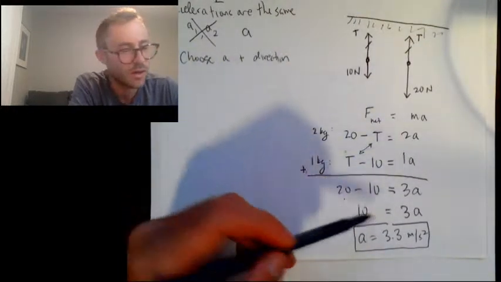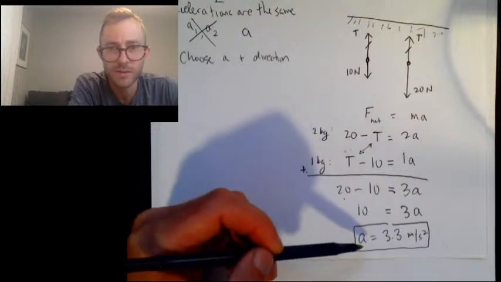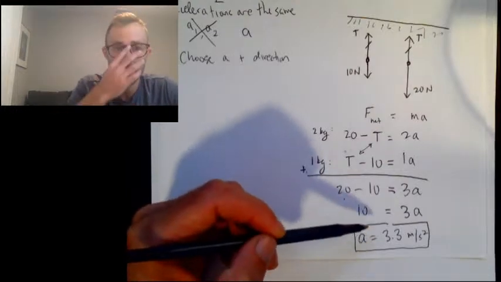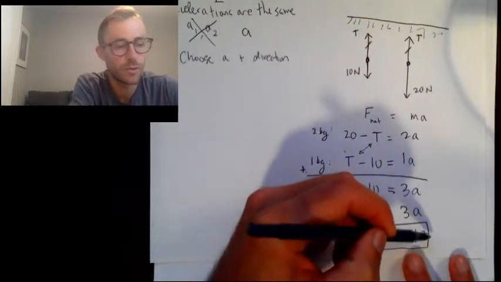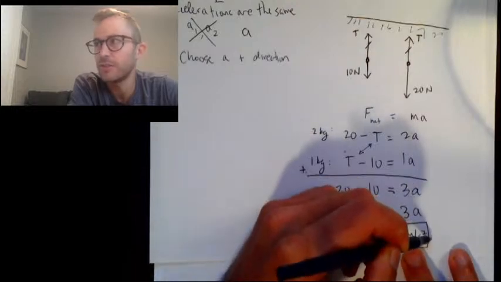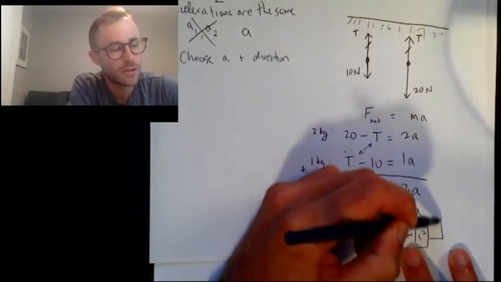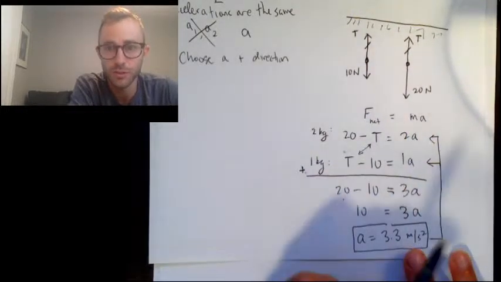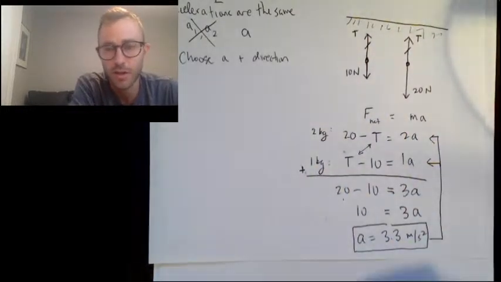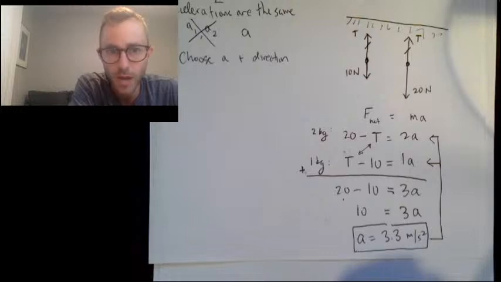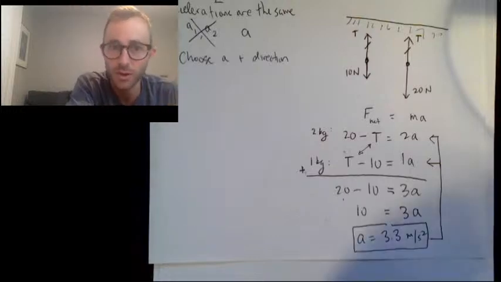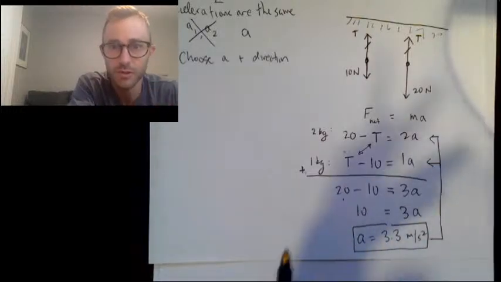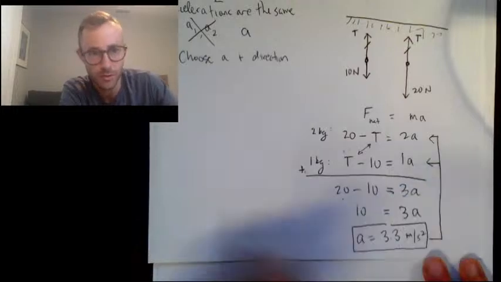So you plug your value for x into one of the two equations. You can actually plug it into both equations, and you should get the same answer. Okay. So that is a great way to check that you have solved the system of equations correctly, is to plug this into both equations.